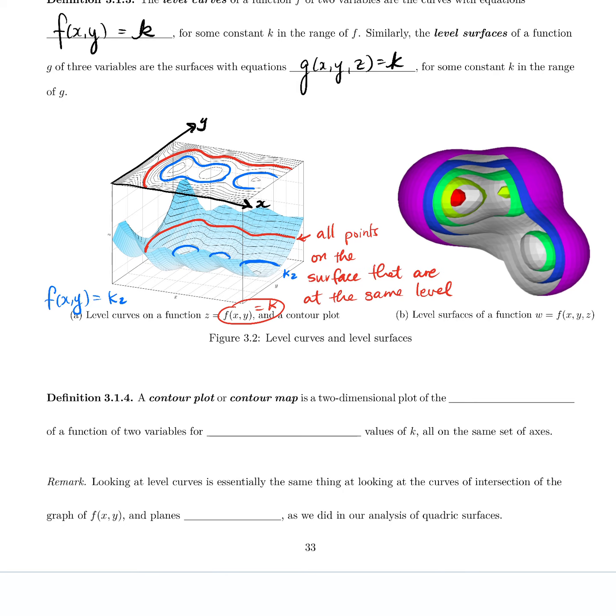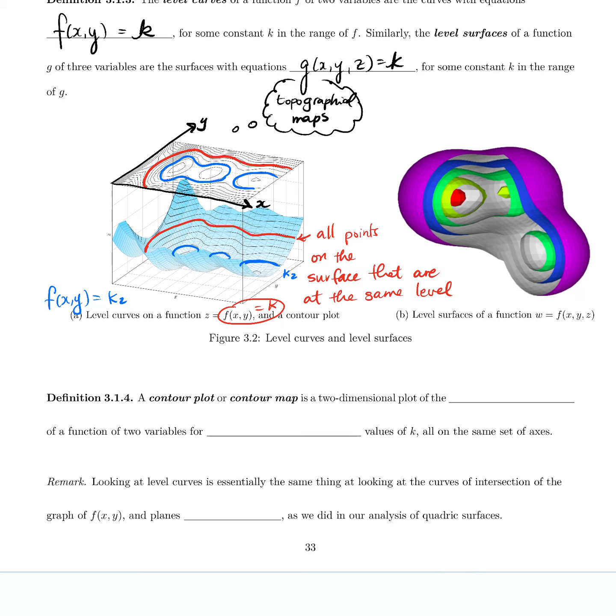This you might recognize. If you've been to a national park or out in the wilderness and you've been reading a map, this makes us think of topographical maps. Mountain ranges and that sort of thing are very often shown in a flat map with these level curves. That's what they are.